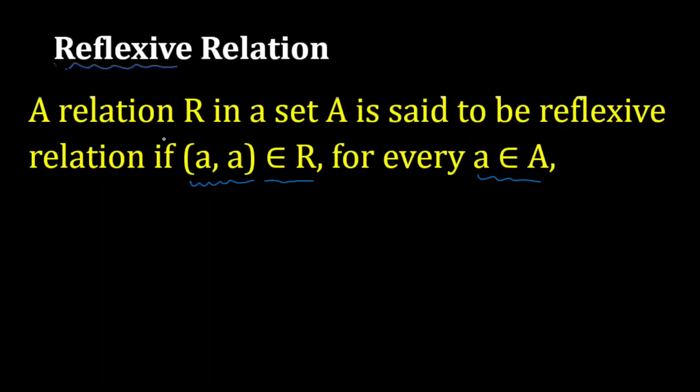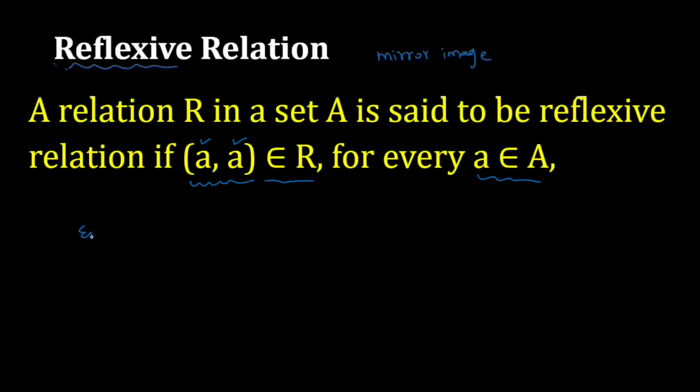What you see in the mirror, the same will be reflected to you. It is like a mirror image, my dear students. If the first element is a, the second element should also be a. Then if these belong to the relation R, we say the relation is reflexive.